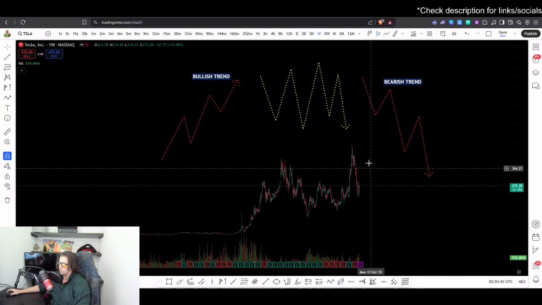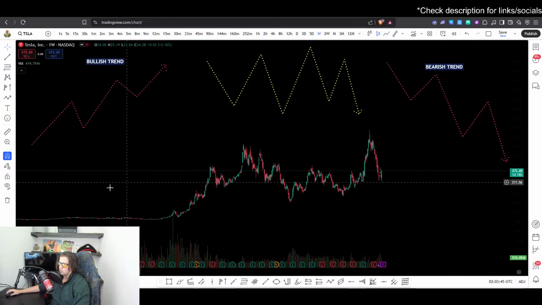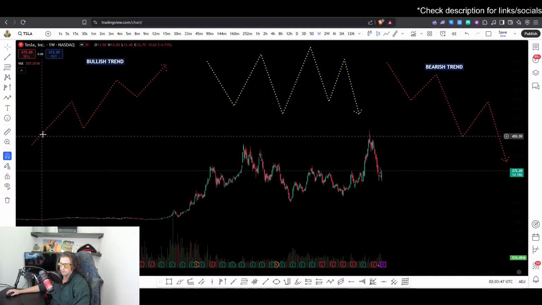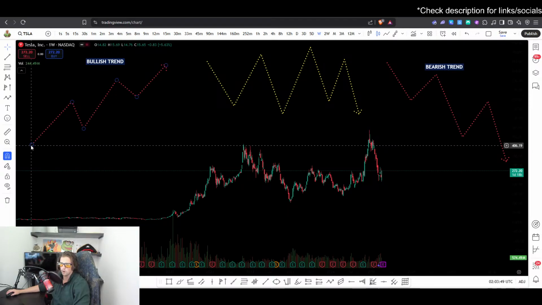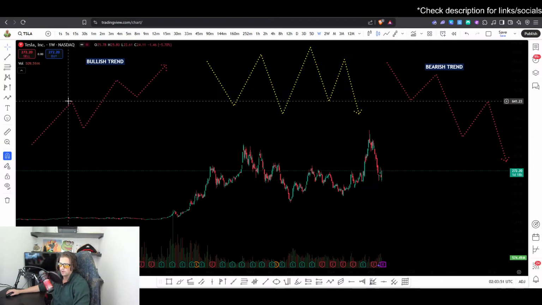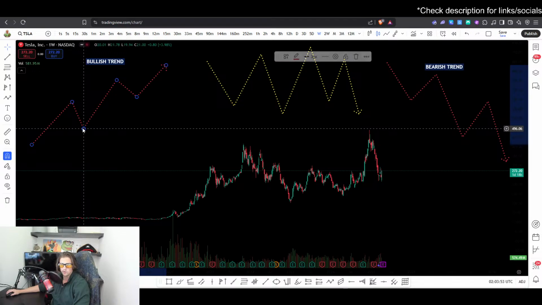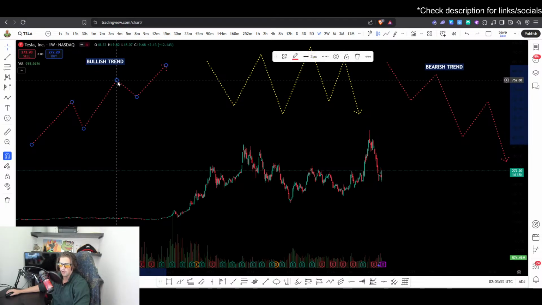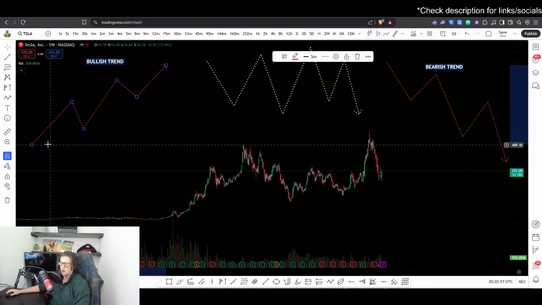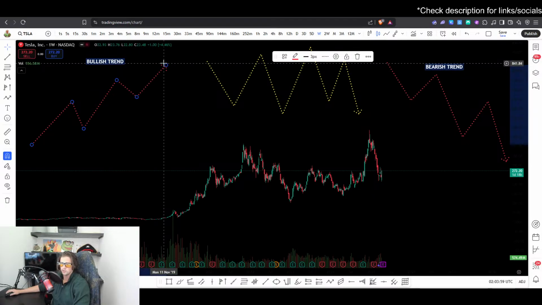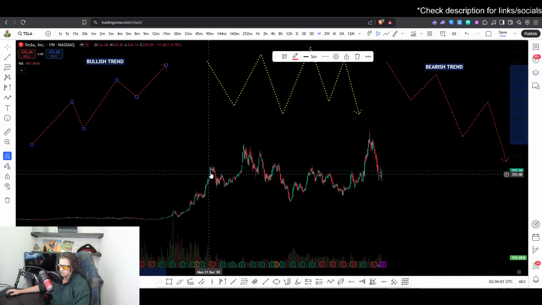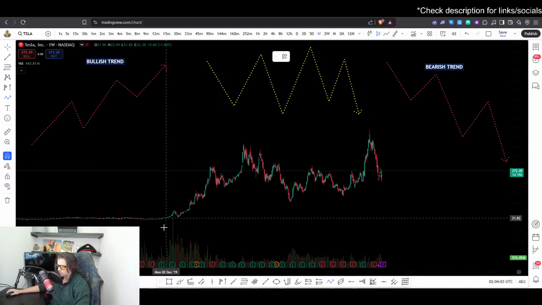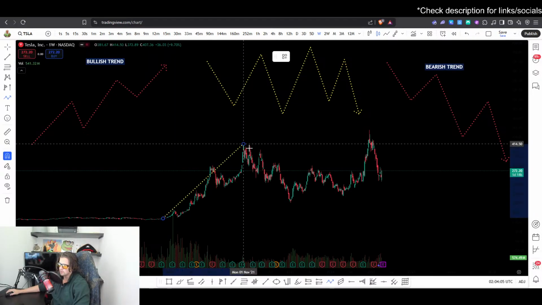We spoke about what a bullish trend looks like, an upwards trend where we have a low and then a high and then a higher low being created and then a higher high, higher low, higher high. And these are our typical bullish trends like we see on this leg, right?